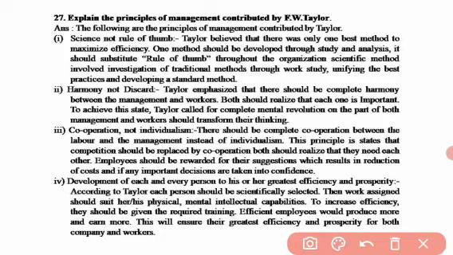So, according to Taylor, if the organization focuses on increasing the efficiency, then they have to provide the training for the required persons. The efficient employees would produce more and earn more. This will ensure their greatest efficiency and prosperity for both company and workers.